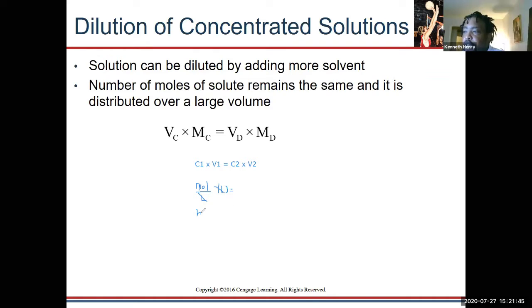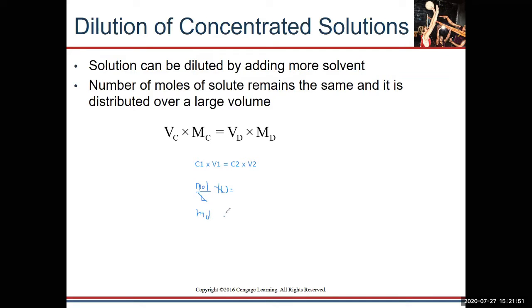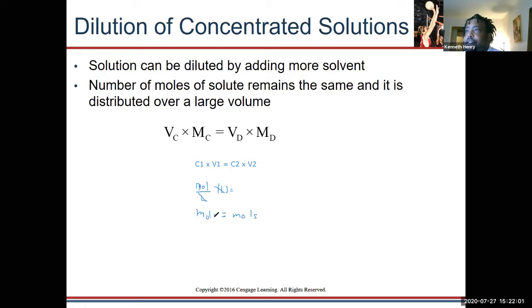So you're saying the moles that I put in have to be the moles that I get out. Does that sound familiar to you guys? Yeah. Okay, so the moles that I put in have to be what I get out at the end of the day. What law is that again? The law of conservation.